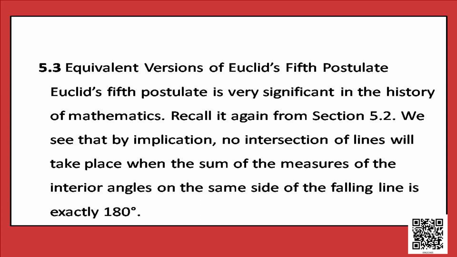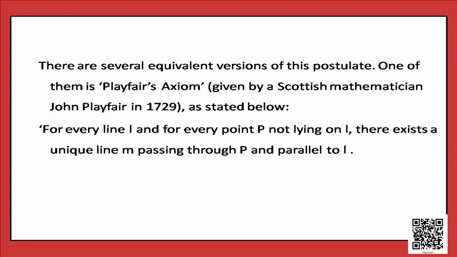We see that by implication no intersection of lines will take place when the sum of the measures of the interior angles on the same side of the falling line is exactly 180 degrees. That means the two lines go parallel to each other. There are several equivalent versions of the postulate.